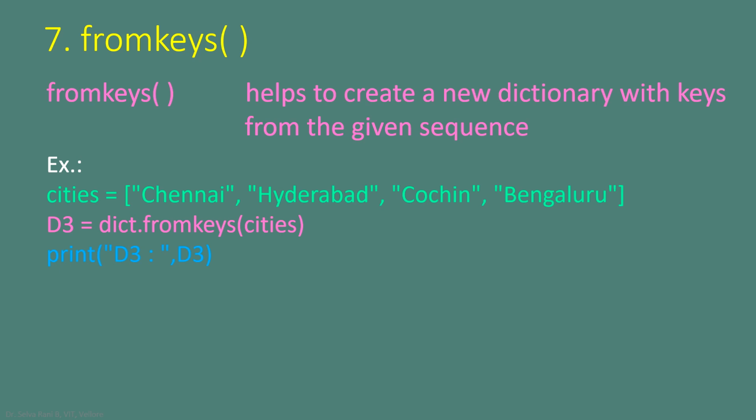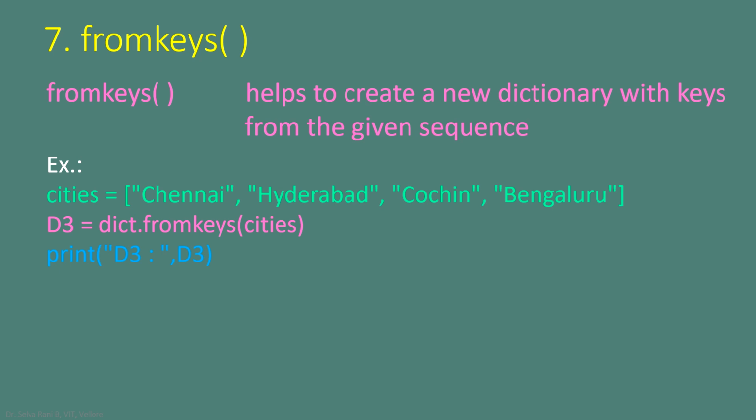Instead of typing everything into the dictionary, we can simply write D3 = dict.fromkeys(cities). Here, cities is the list, a sequence which contains the values for keys. From these keys, a dictionary is formed and it is termed as D3.